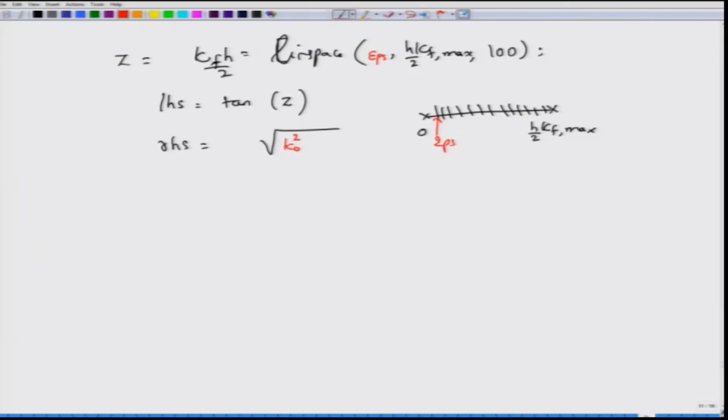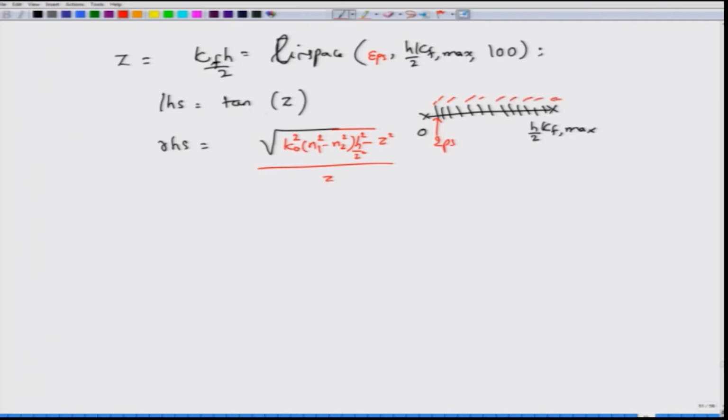And once you have found that, you can write down the right hand side. So, k0 square times n1 square minus n2 square minus z square, then there was h by 2 square, divided by z. z is the array that contains these values, the different values of kappa f h by 2, which is your independent variable.